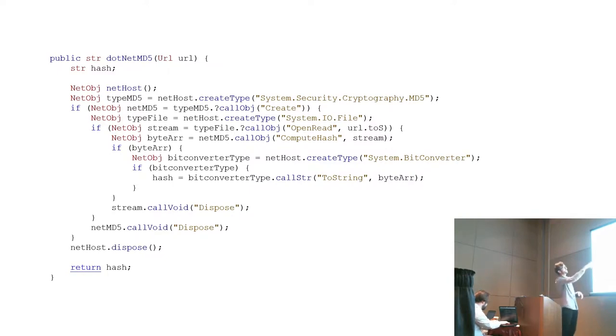And there's a stream, and then here is the actual call to compute hash, which will actually do the work. And then there's some kind of conversion to string here on it. So, just a short example. And I believe you will get these presentations afterwards if you need to see them and see the code and so on.